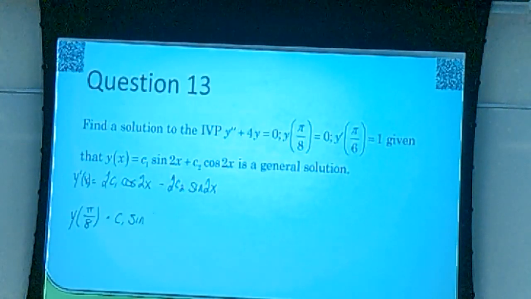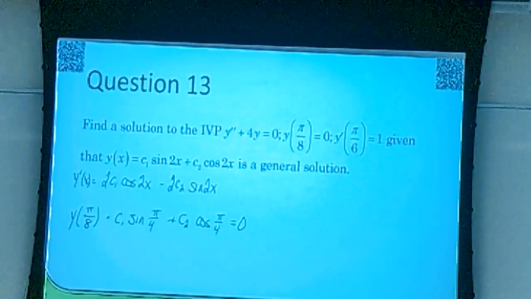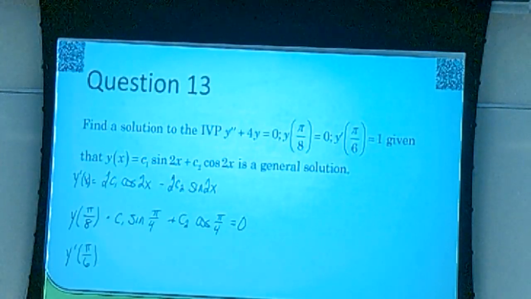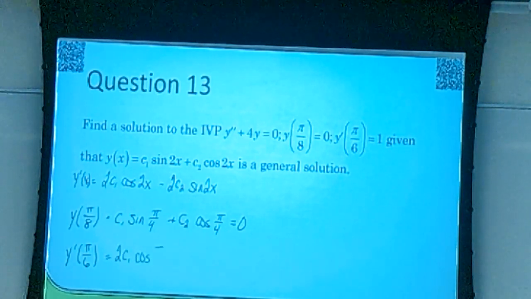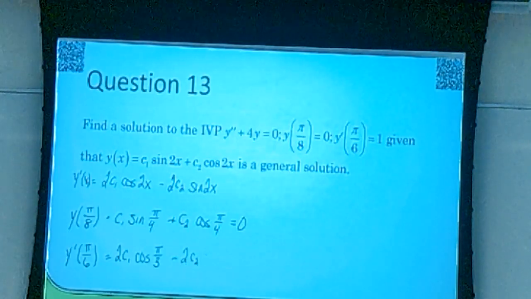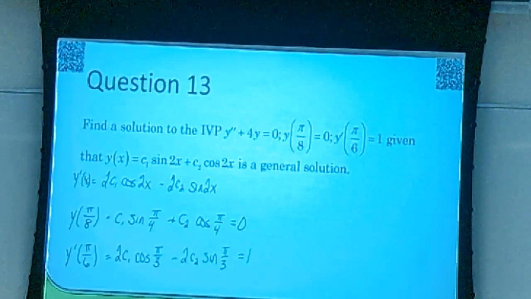C1 sine of pi over 4 plus C2 cosine pi over 4. That has to be 0. We also have to have y prime of pi over 6. We get cosine of pi over 3, right? And then sine of pi over 3. That has to equal 1. And they both have to be true simultaneously.